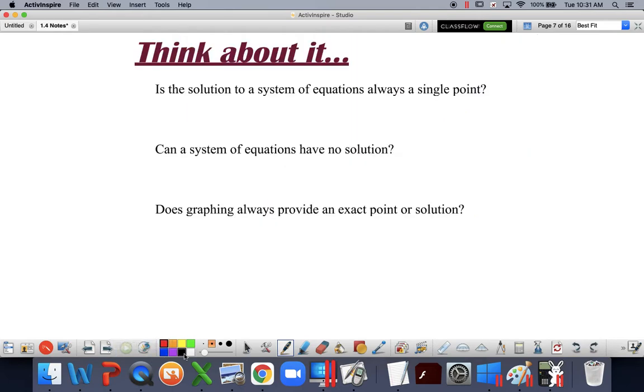Let's ask ourselves some questions. Is the solution to a system of equations always a single point? No, not necessarily, right? There's a couple of options where we don't always get a single point. We could have lines that don't touch. That usually means, right, that they are parallel.